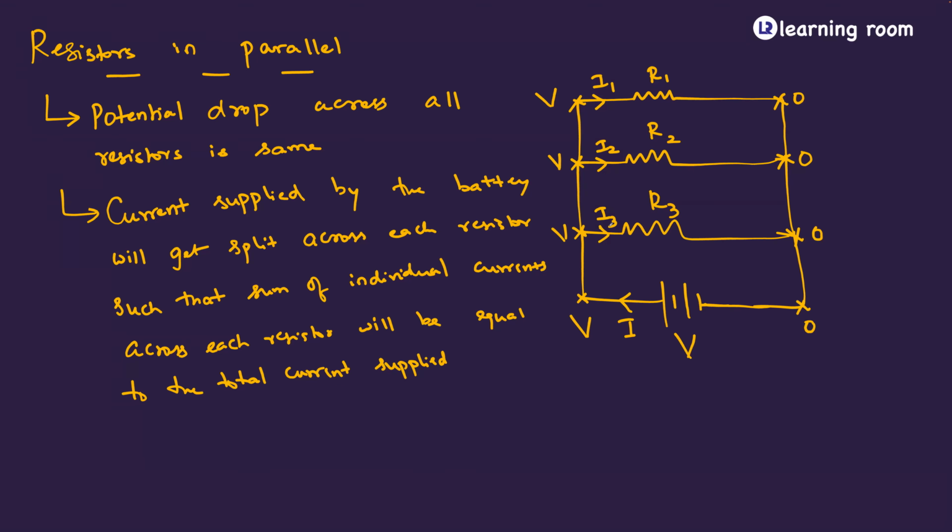Then the sum of the individual currents, I1 plus I2 plus I3, will be equal to the total current supplied by the battery. If you observe, it is exactly the reverse of what happened in a series connection. In series, the current was the same, but the potential was getting added. Here it is exactly the reverse.